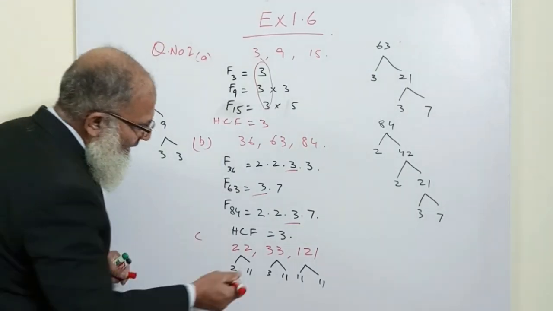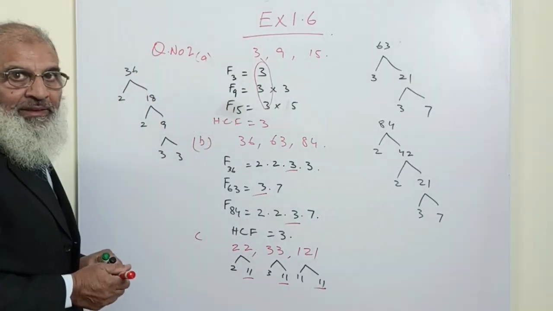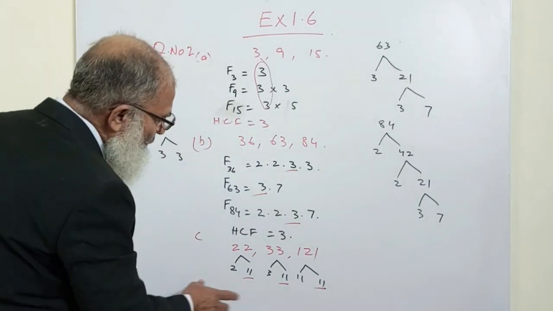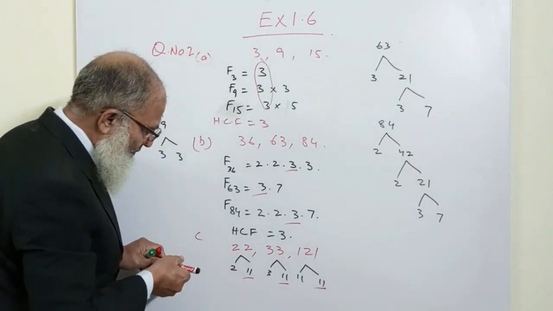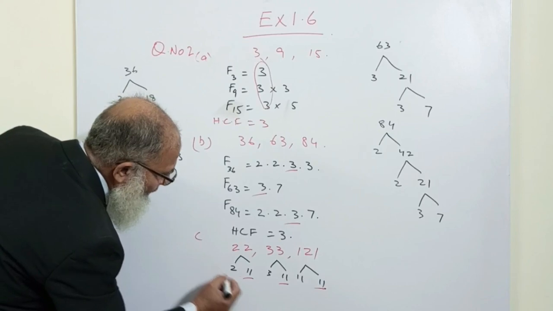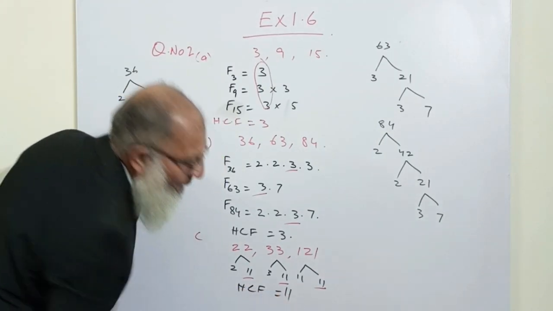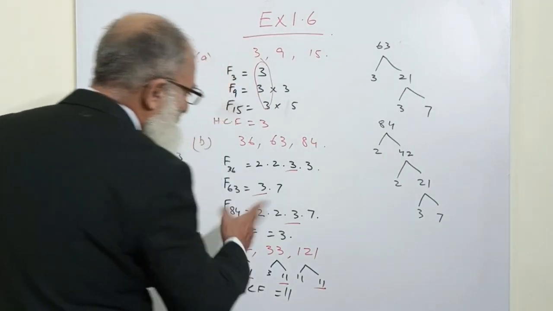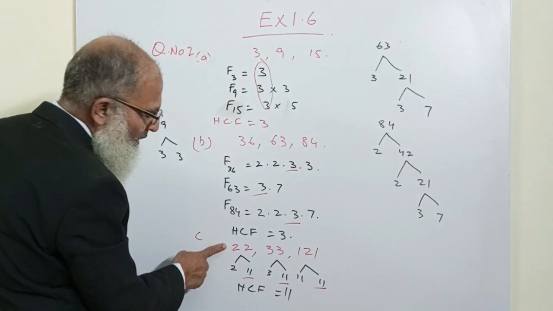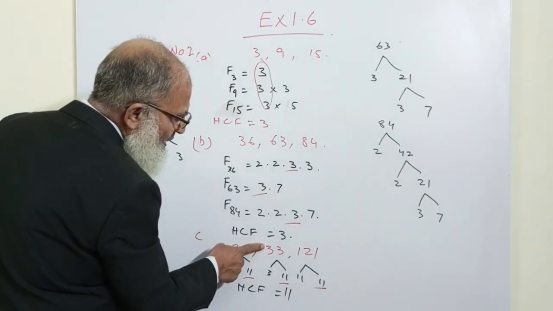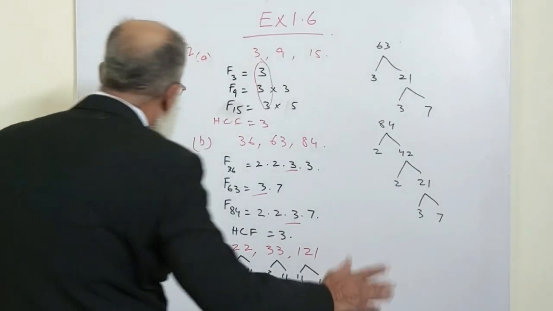So you see that we got 11 in all the three. So pick 11 and check. So the HCF is 11. This was the last question, and you can also check it: 11 two times 22, 11 three times 33, 11 eleven times 121.